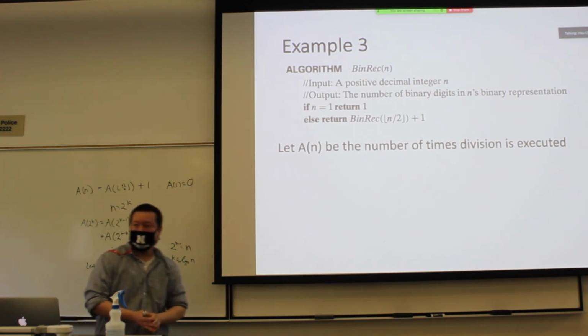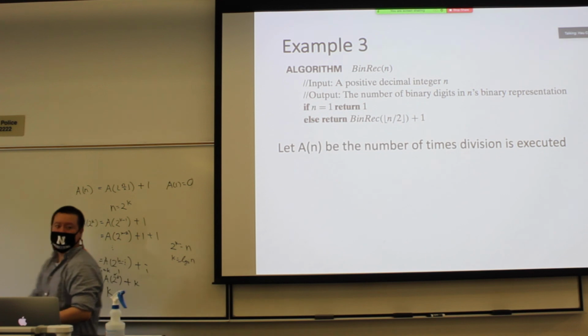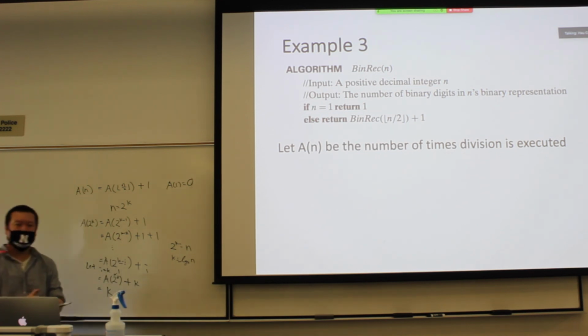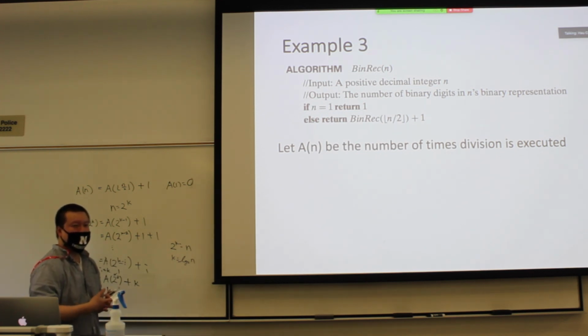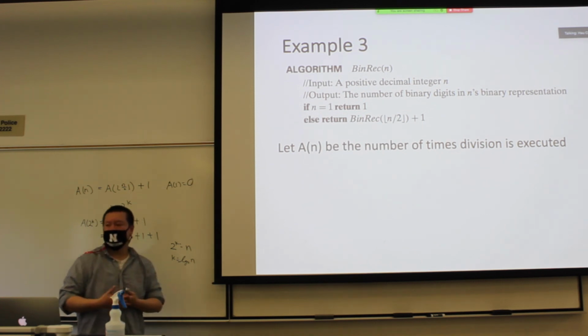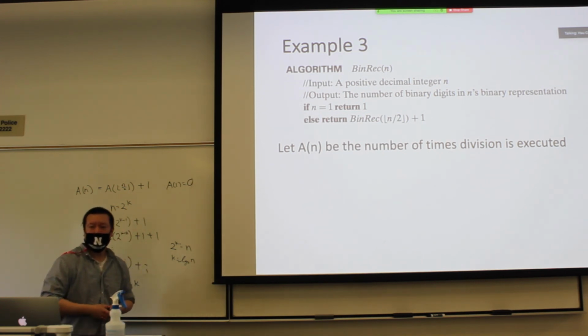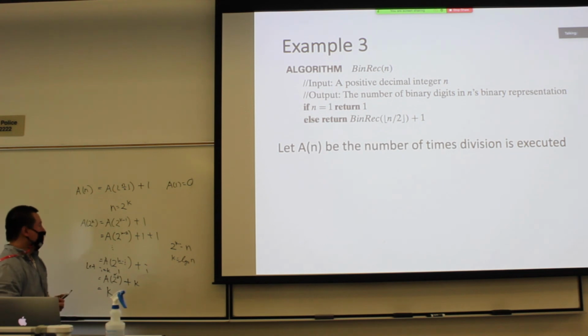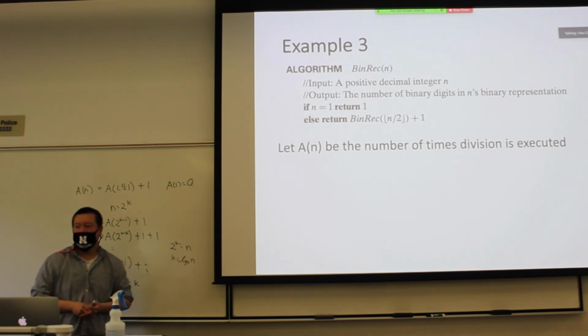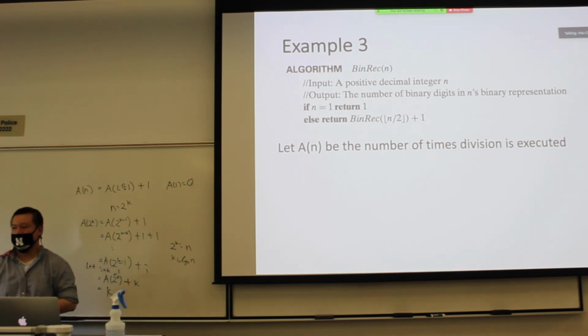So again, the key part when you analyze an algorithm is to identify the basic operations, the most expensive operations. It could be division, addition, multiplication, or comparison. And your recurrence relations will be based on the most basic operation.